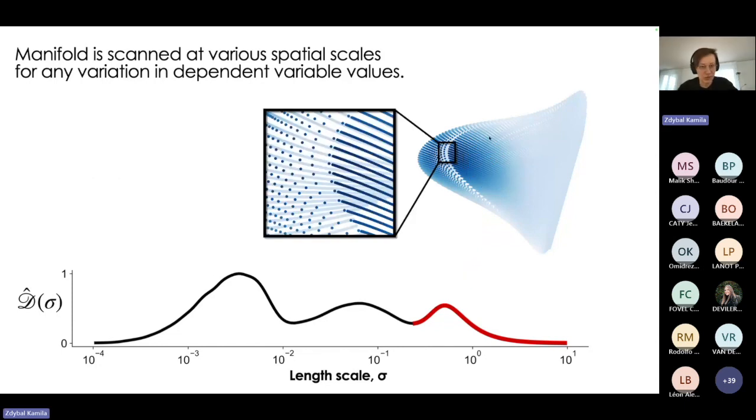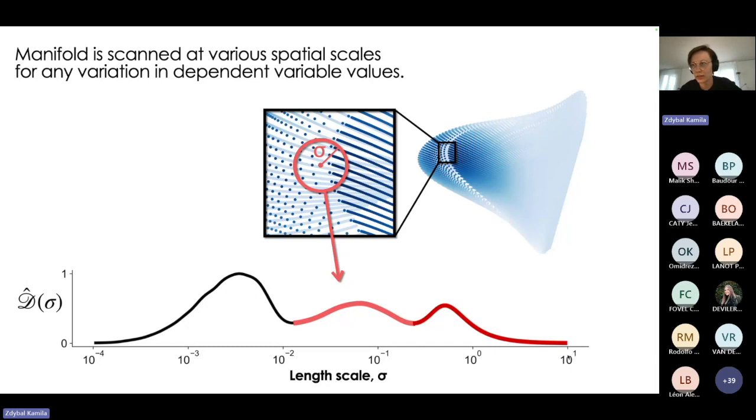So we can now start scanning that same projection at smaller length scales. We zoom in on every region on that projection, and we start scanning it with a smaller filter. And we change those filter sizes, so the sigma, continuously. You can see on the x-axis here, they really span a couple of orders of magnitude in their size.